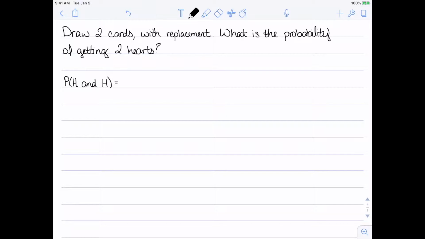So the first heart that we draw, we have a 13 out of 52 chance. When we go to draw the second heart, there are still 13 hearts in the deck and 52 cards. So we multiply by 13 over 52 again. So we get that the chance of drawing 2 hearts with replacement is 0.0625.